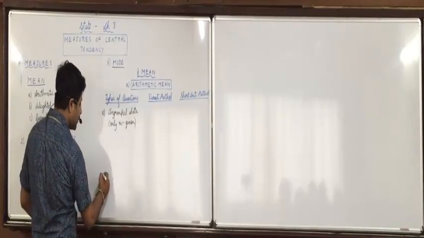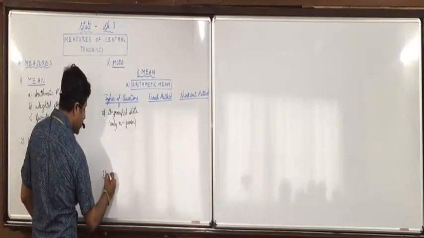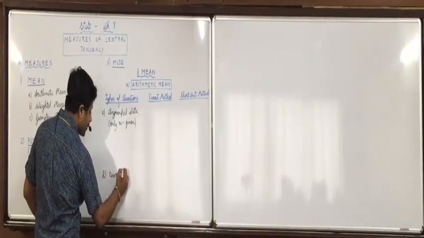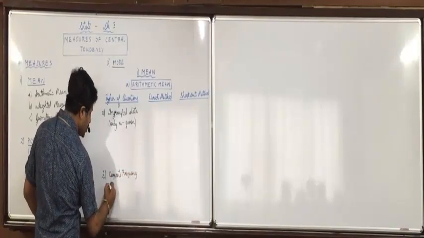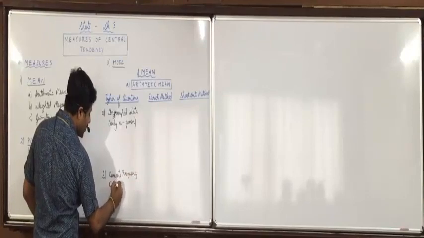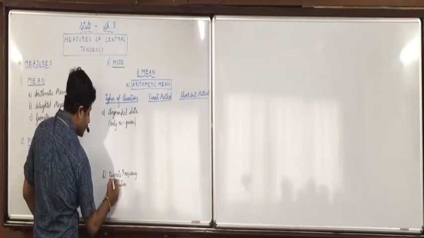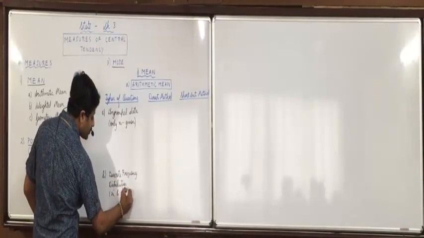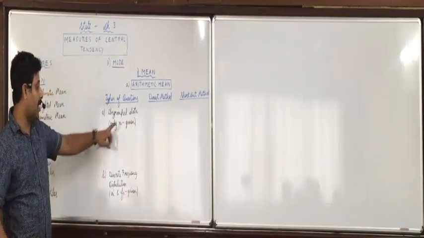Then second is discrete frequency distribution, the second type of question, where you will be given observations and frequencies. What will be given in ungrouped data?